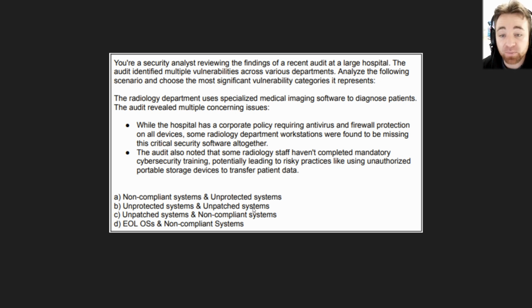There's nothing about a lack of updates. So it is not B. Again, we have unpatched. There's nothing about a lack of updates, so it's not C. And then end of life. There's nothing about it being end of life, the operating system no longer being supported. So it could not be those three answers. So just by process of elimination, even though technically that was kind of describing this one, it's just which answer is most correct. I want to get you in the habit of finding which answer is most correct.